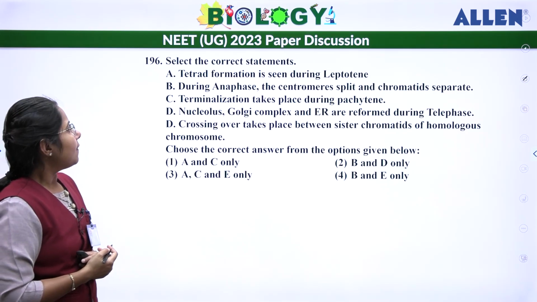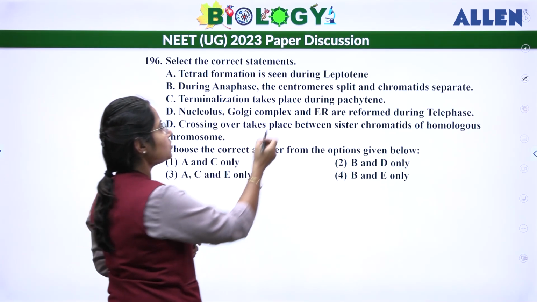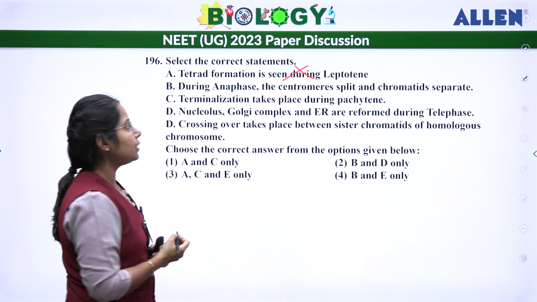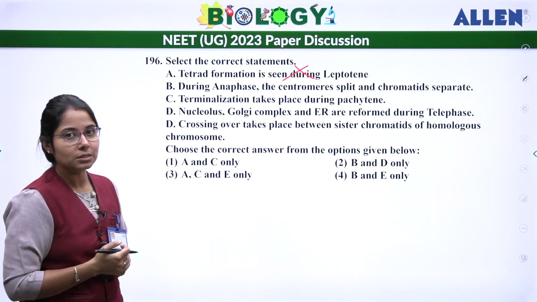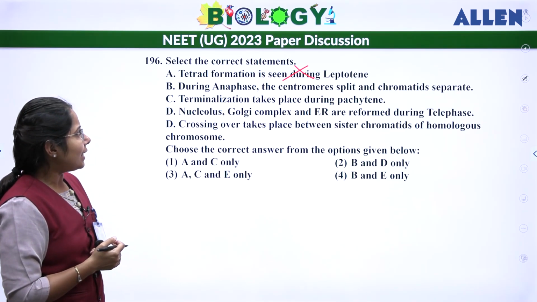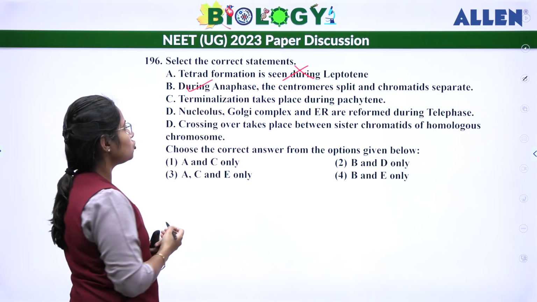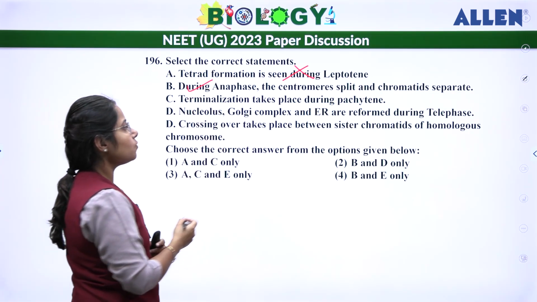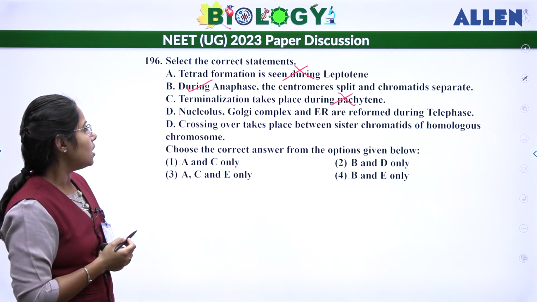Next, the tetrad formation is seen during the leptotene stage, which is false. Tetrad is seen during the pachytene stage. During anaphase, the centromere splits and the chromatids separate, which is true. Terminalization will occur during pachytene, that is false. Terminalization will occur during diakinesis.